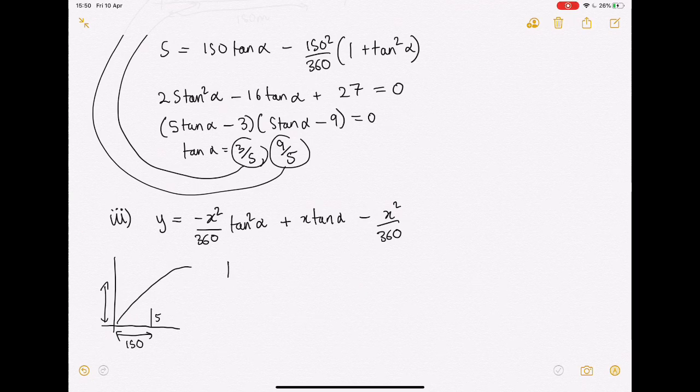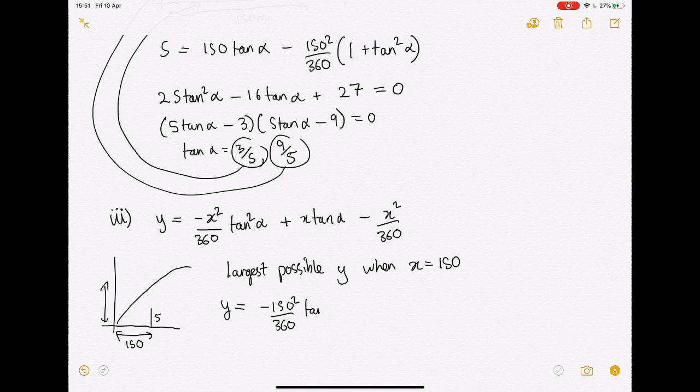So we want the largest possible y when x equals 150. So we make that substitution, we end up with y equals minus 150 squared over 360 tan squared alpha plus 150 tan alpha minus 150 squared over 360.